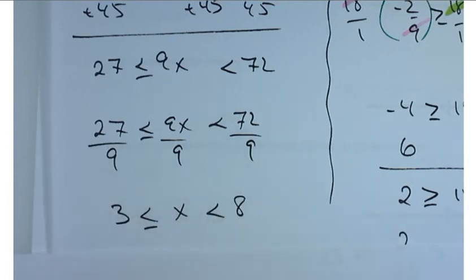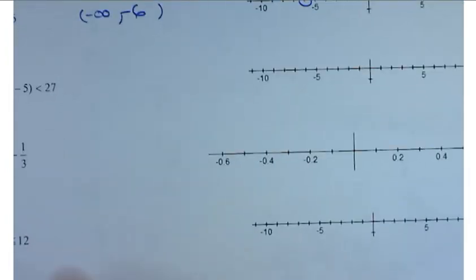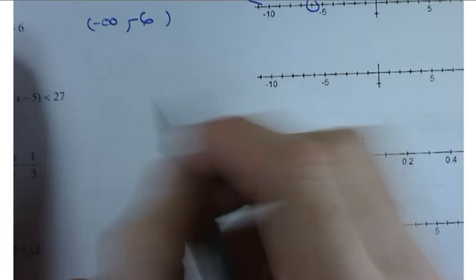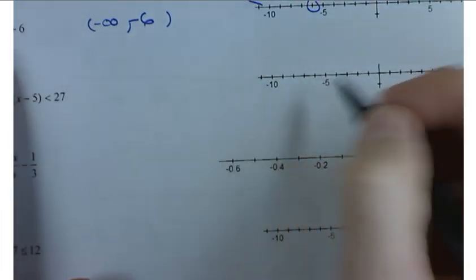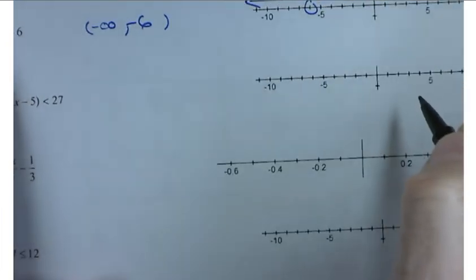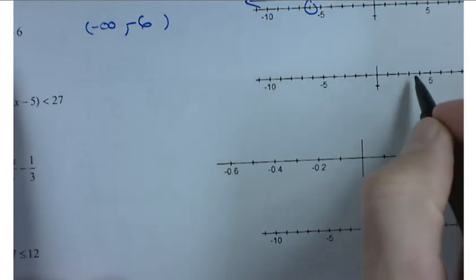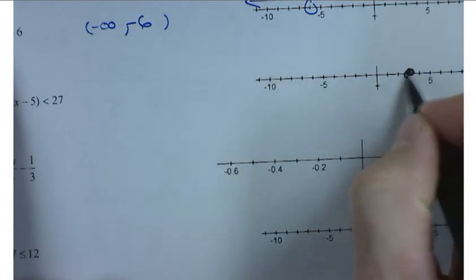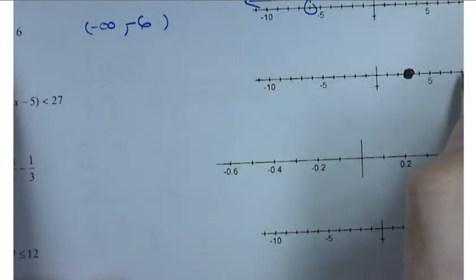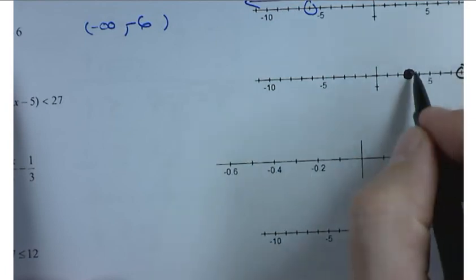Let's graph it and take a look at the interval notation. Graphically speaking, it's going to be 3 is less than x, less than or equal to 8. So solid dot on the 3, hollow dot on the 8, and a little line between those two.